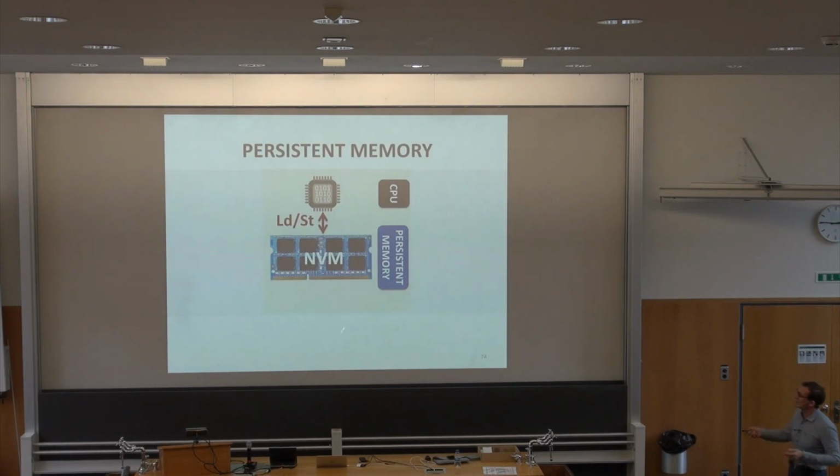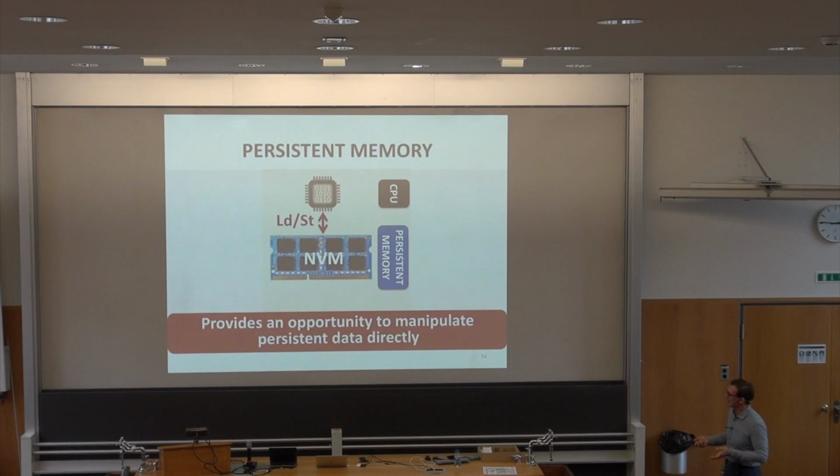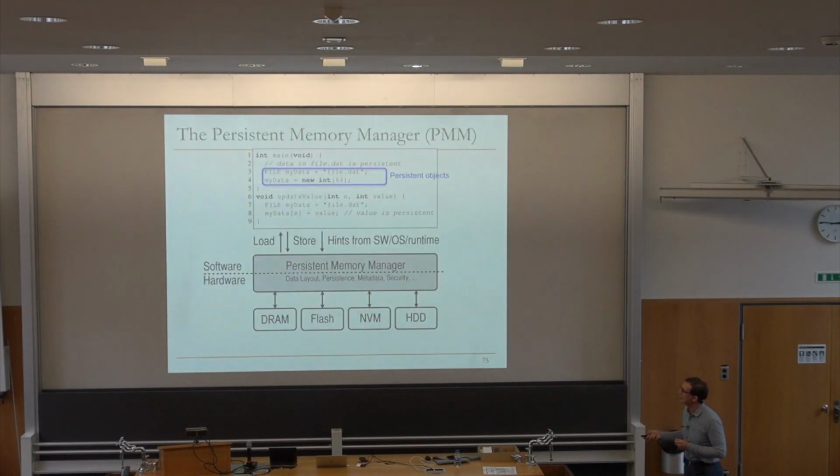So basically, this is it. We want to have persistent memory, and we want to manipulate it directly. So it provides an opportunity to manipulate persistent data directly. So what should this persistent memory manager do? To become more general, maybe you actually have loads and stores and internally manage the devices this way, because one of the fundamental principles that we discuss in this course is heterogeneity.